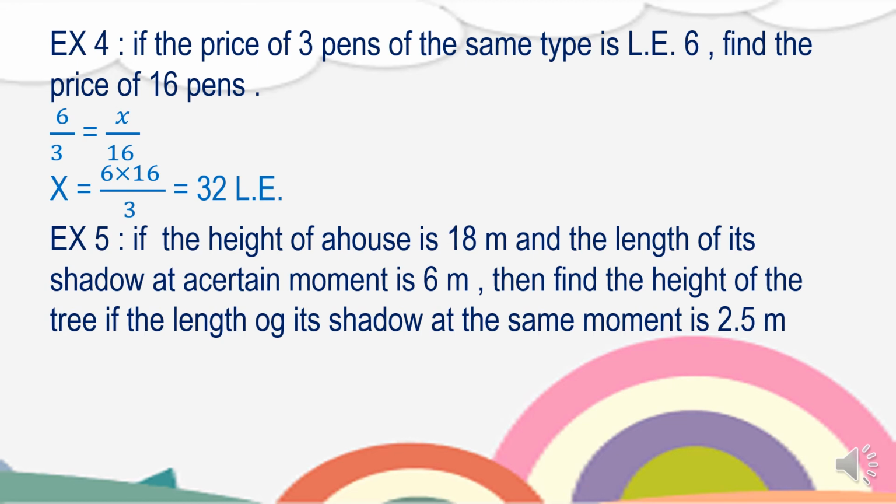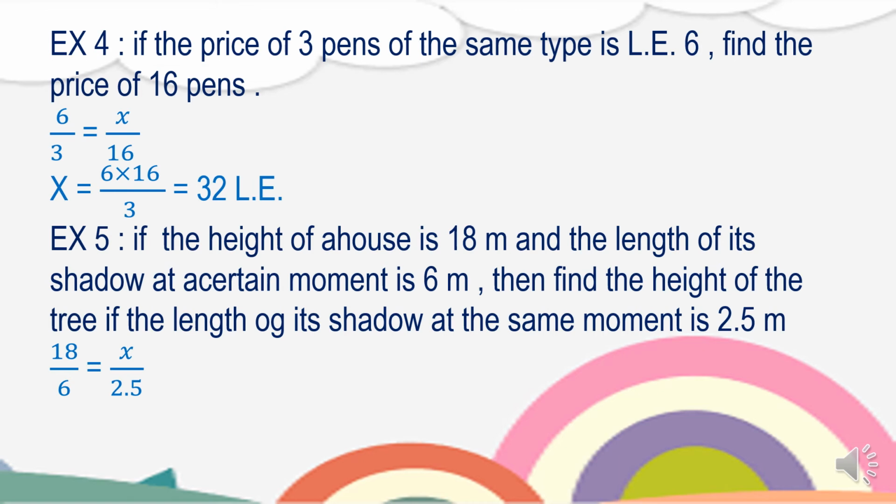Now we can make our proportion. I have the height of the house and its shadow, so I put it above: 18, the real height of the house, over 6, the length of the shadow. At the same moment, I need to know the real height of the tree, so I will put x in the third term.